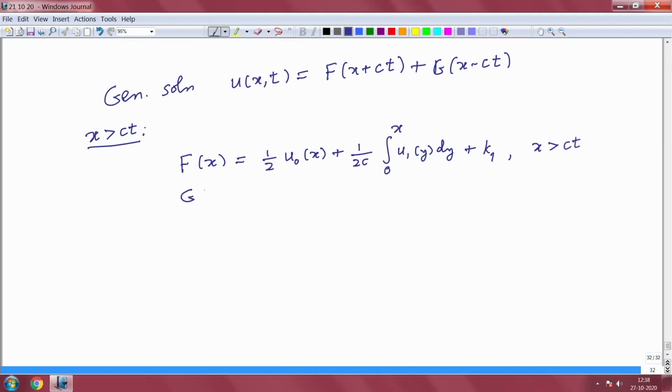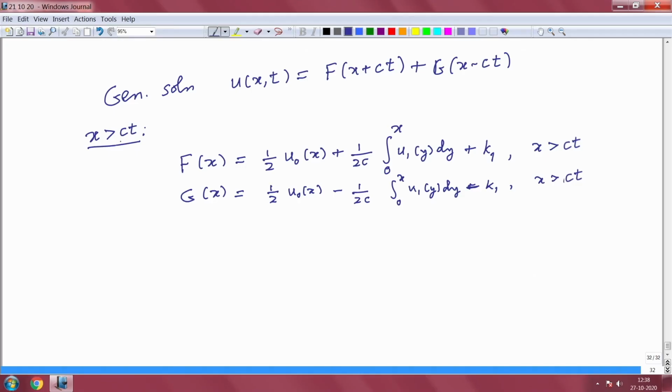So, g of x equals 1 by 2 of u0(x) minus 1 by 2c times the integral of u1, minus k1.